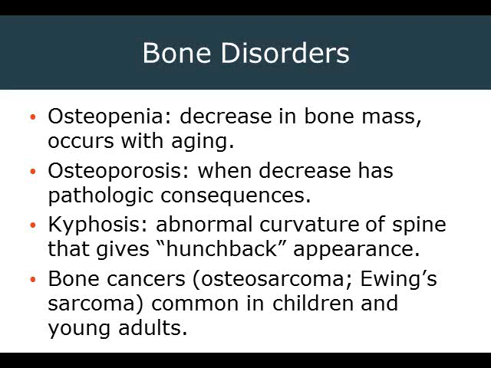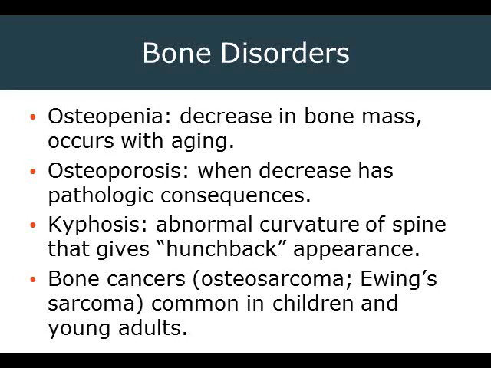We can have a variety of bone cancers such as osteosarcoma and Ewing sarcoma, which are seen in children and young adults. We can have some other things such as Paget's disease. Paget's disease actually causes some very mutated bone growth.